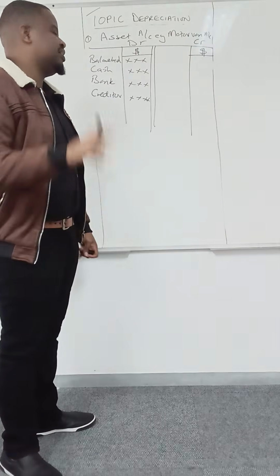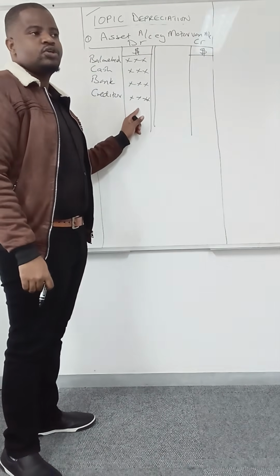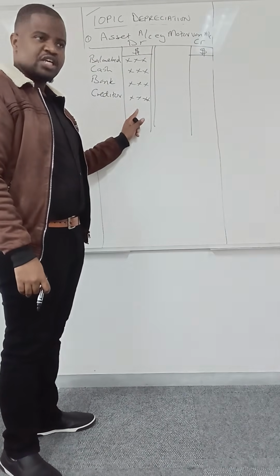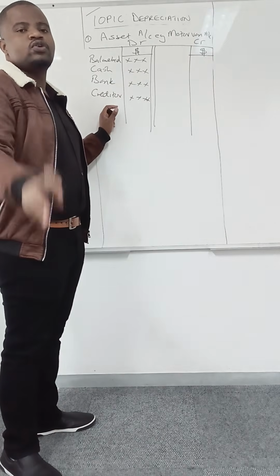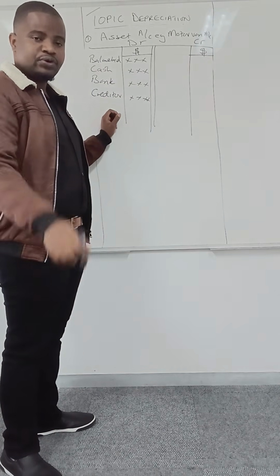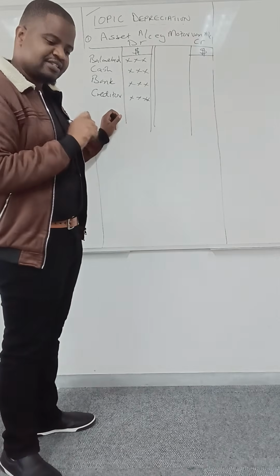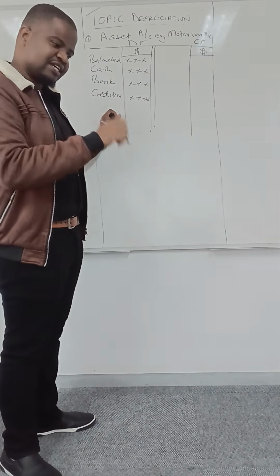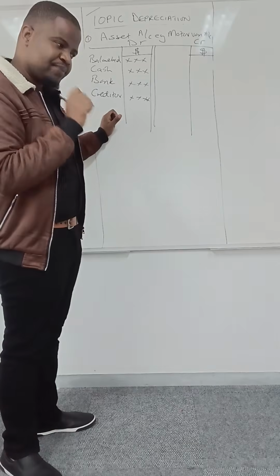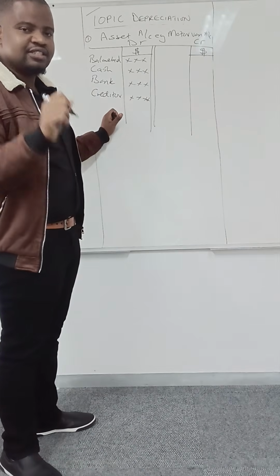The reason I was saying you need to pay attention to date and details: let's say we purchased an asset on credit and you write cash, you get 0, because even the marking scheme emphasizes paying attention to date and details.